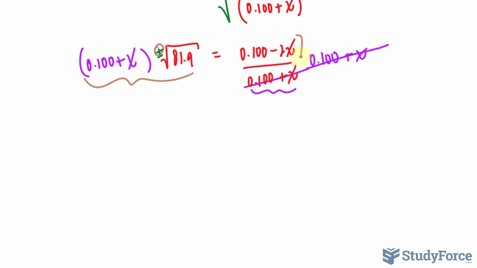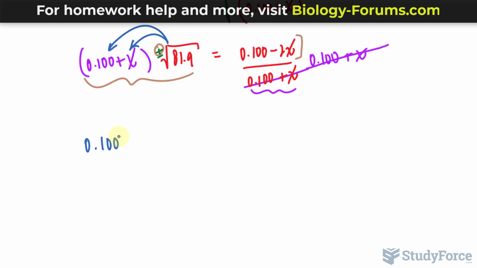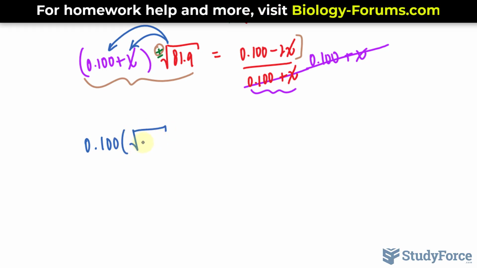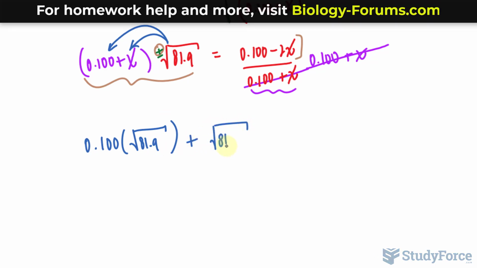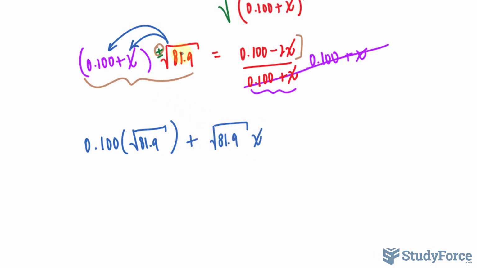On the right side, we have only the top part because the bottom part has been removed. I will now expand, meaning multiply this factor to these two. I have 0.100 being multiplied to the square root, the positive version of this, of course, plus the square root of 81.9 times x. It's being multiplied to both of these terms, and that is equal to 0.100 minus 2x.